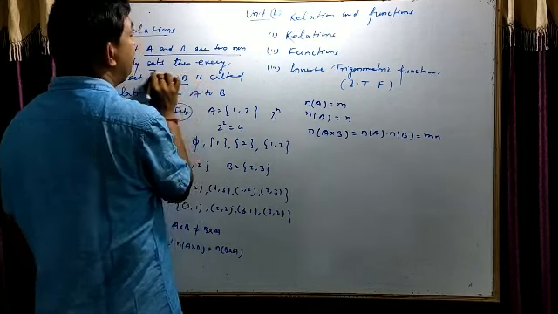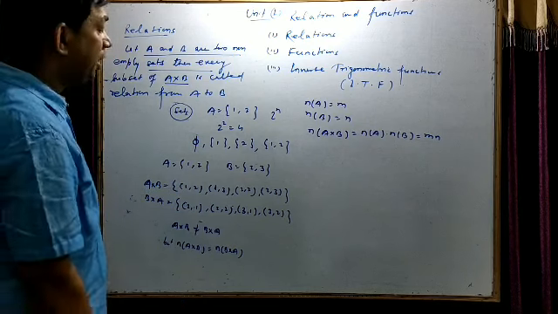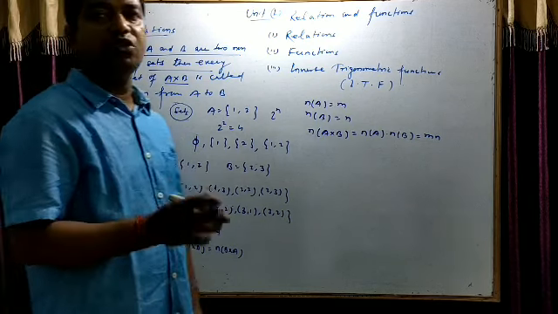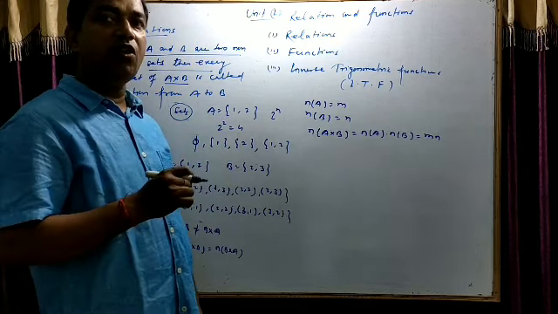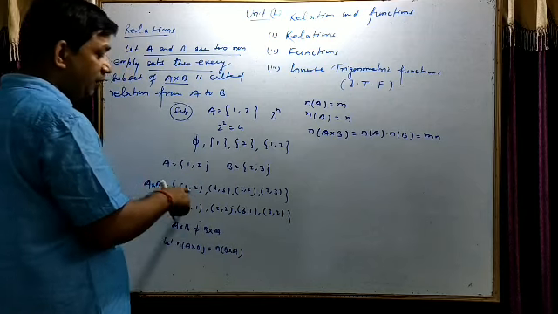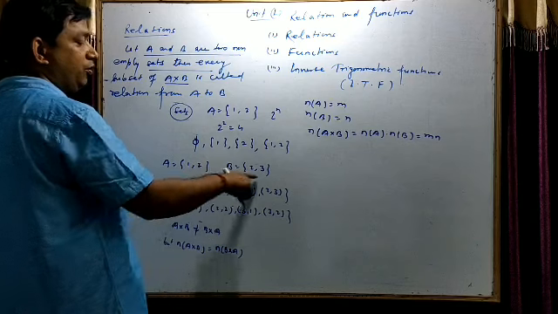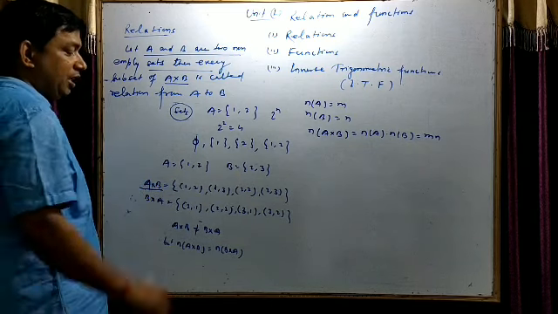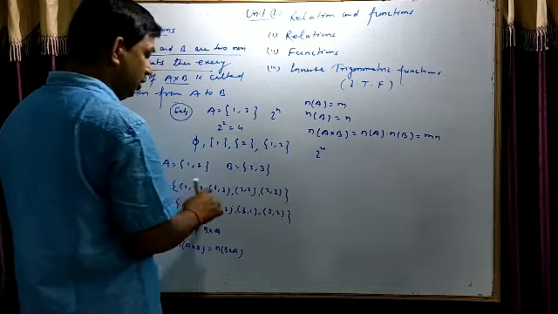So relation, what is relation? A and B are two non-empty sets. Relation is nothing, it is a rule, and a rule is always defined. So if we take this example, A is this and B is this, meaning 2 and 2, 4 ordered pairs present in A cross B. Then every subset of A cross B means 2 to the power 4, because there are 4 elements.